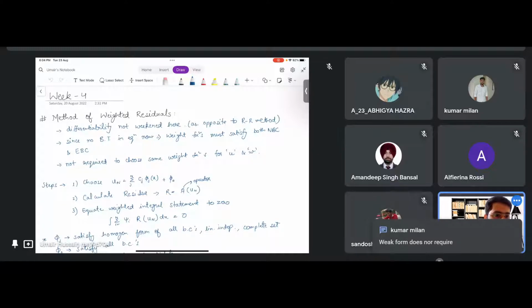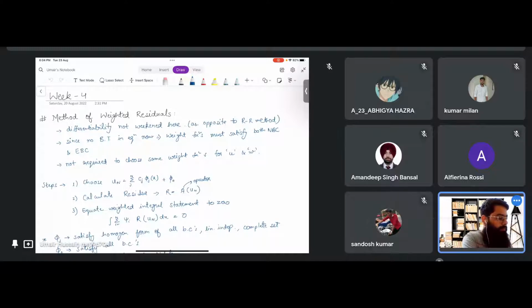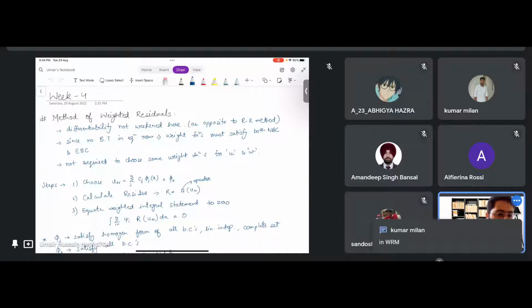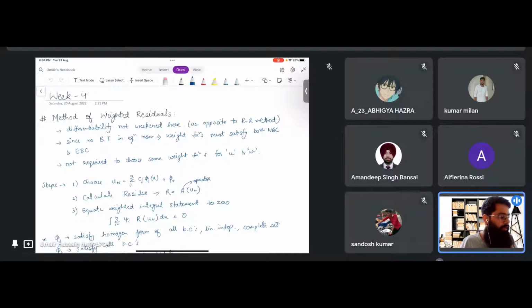Yeah, right, Kumar. So in weighted residuals, we do not need to write the weak form. Differentiability is not weakened here. Can someone tell me why we need the weighted residual method? What is the shortcoming of the Rayleigh-Ritz method?